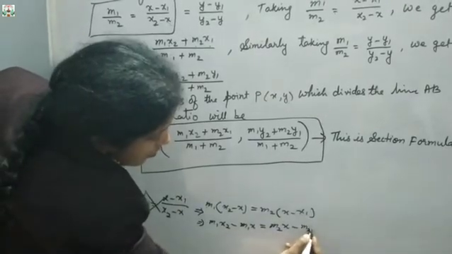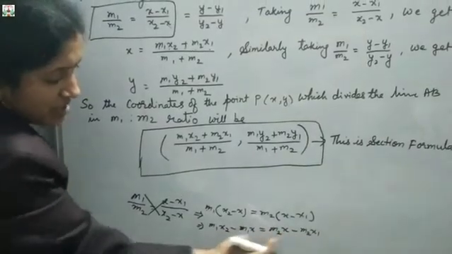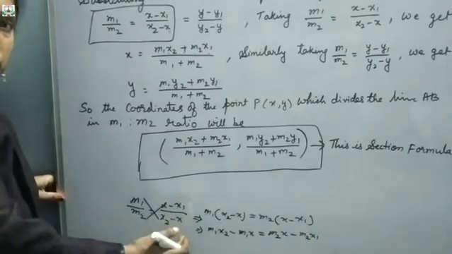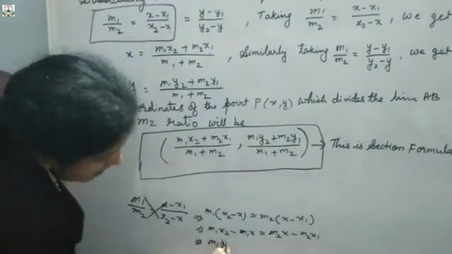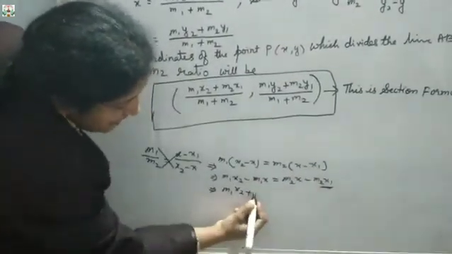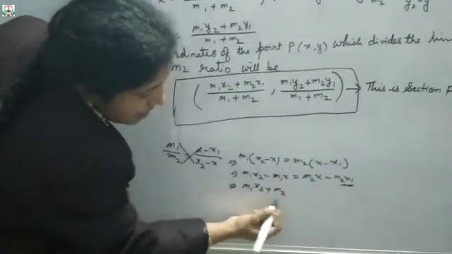minus m2 x1. Clear? Now wherever the x variables are, we will bring them to one side, and the other variables to the other side. So m1 x2 plus, by transposing, you will get m2 x1, because here it was minus, so it will become plus.